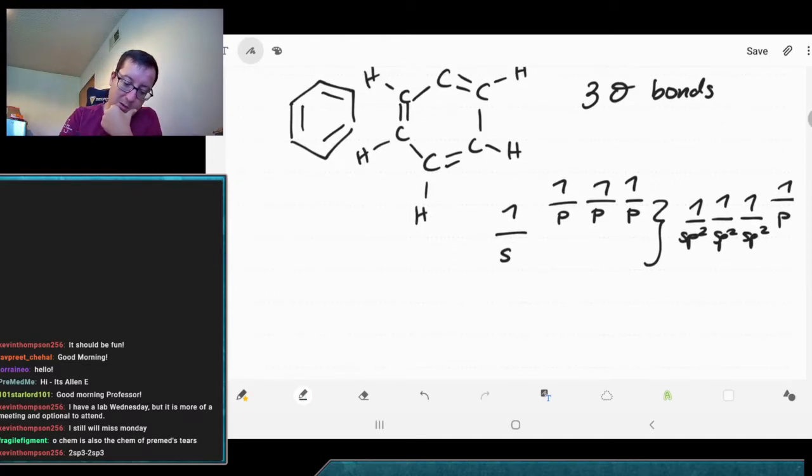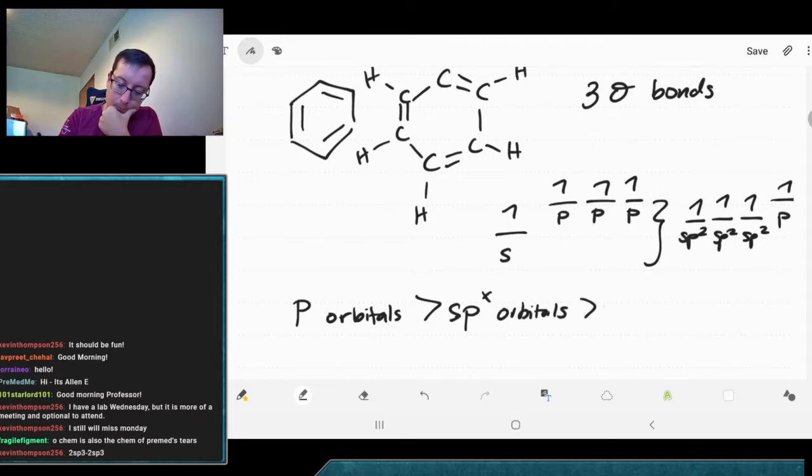So remember that p orbitals will always have higher energy than any hybrid orbital, whatever that hybrid happens to be, sp3, sp2, sp1. And then s orbitals will have even lower energy.